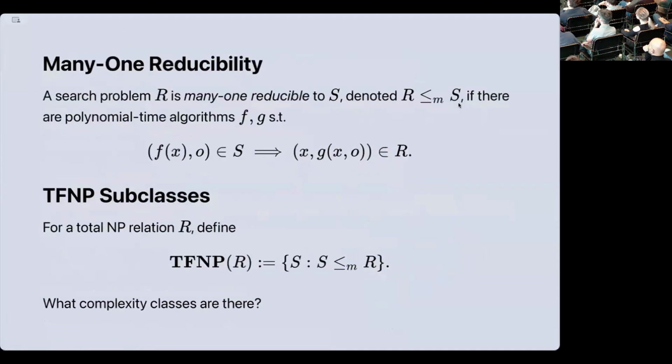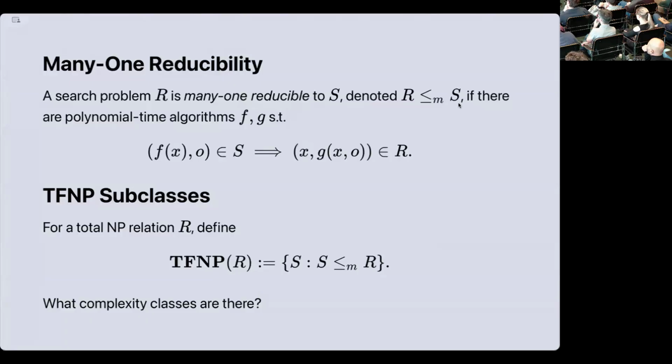Okay, so we also have a notion of reducibility in this world, which is analogous to the normal decision problem reducibility. I'm going to say that a search problem R is many-one reducible to S if there is just a mapping reduction. Hopefully everyone is familiar with this definition. Think of f as mapping inputs to inputs, and g as mapping the outputs back to outputs.